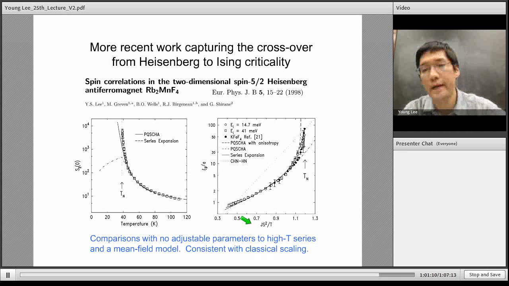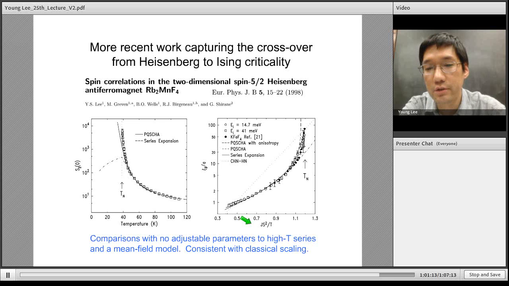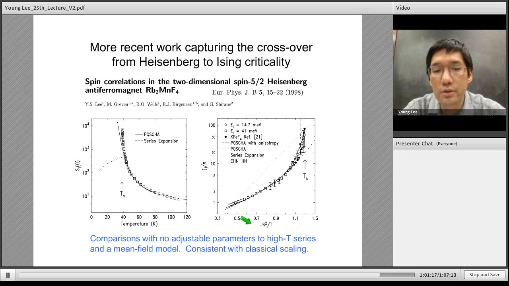Now, if you do the analysis and you separate the longitudinal from the transverse components, let's look at the longitudinal component over a wide range of temperature above Tn.